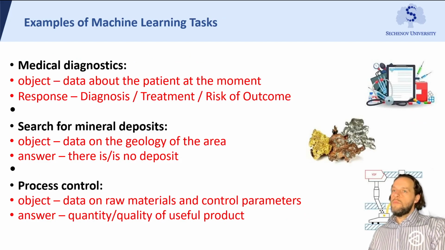There are multiple examples of application of machine learning. In medicine, it will be diagnosis, treatment, risk outcome for patients. There are a lot of applications in geology, process control.